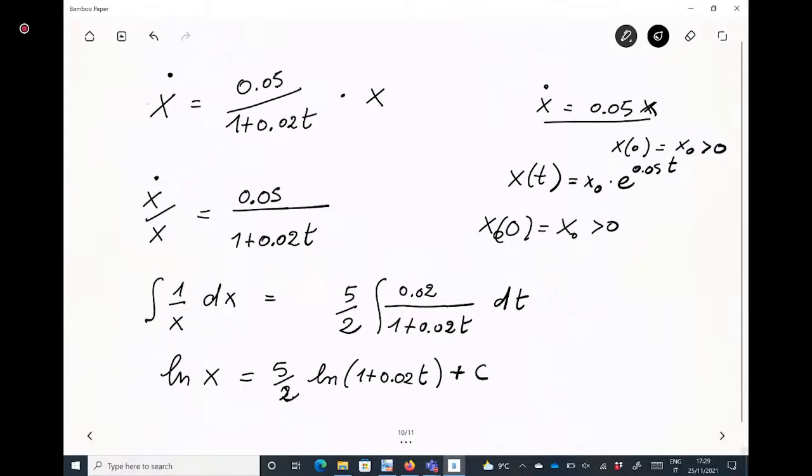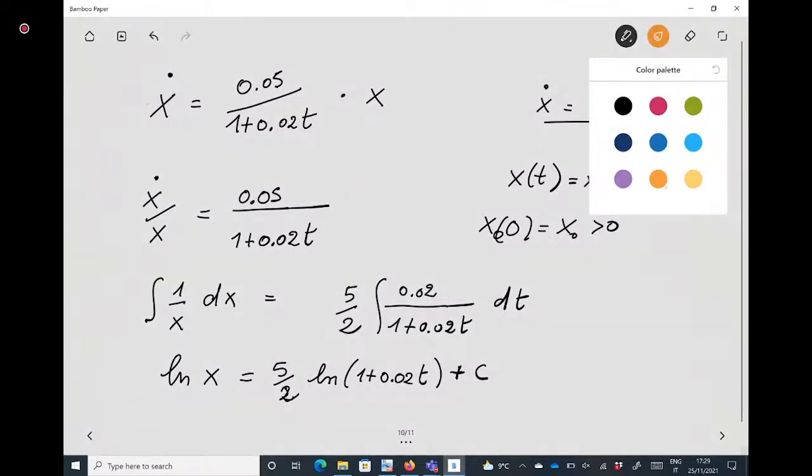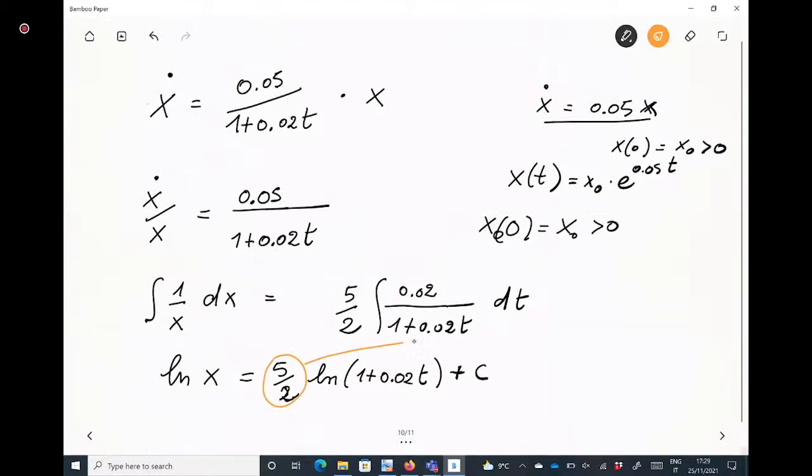This can be rewritten as the log of 1 plus 0.02t to the power of 5 over 2, plus c.